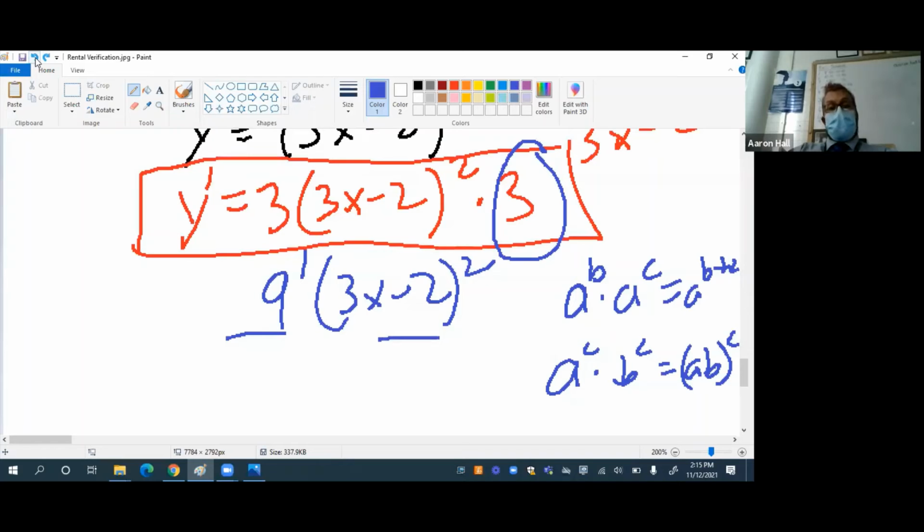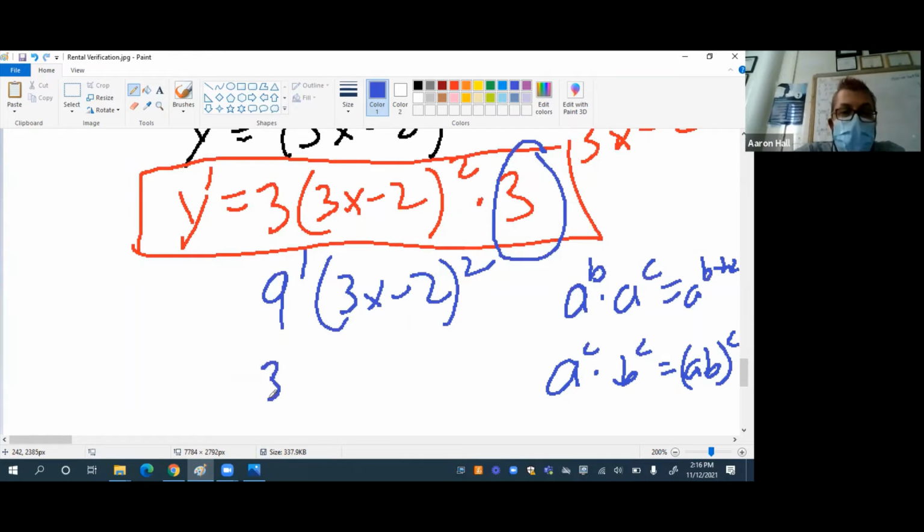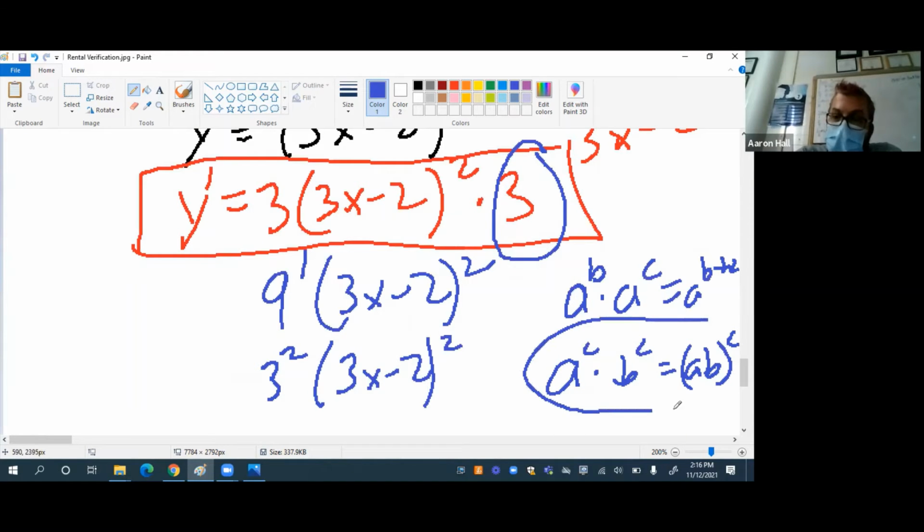Emerson, if you put it as 3 squared times (3x minus 2)? Oh. Okay, so this is Emerson's suggestion. He says, what if we write this as 3 squared times (3x minus 2)? Then we do have a 2, and then we do have a law that allows us to combine those.